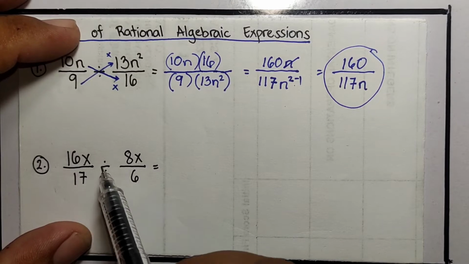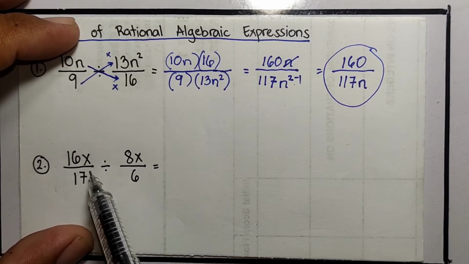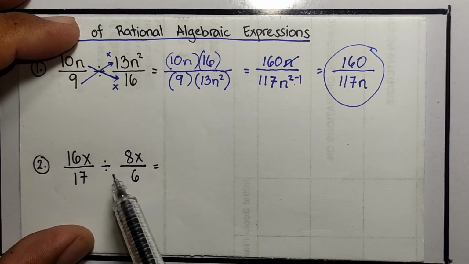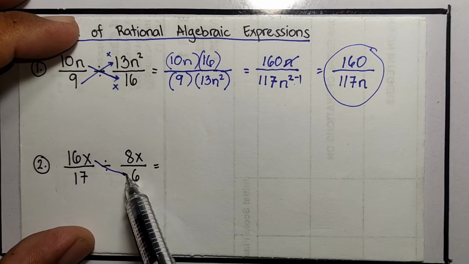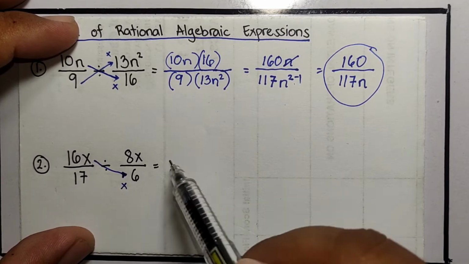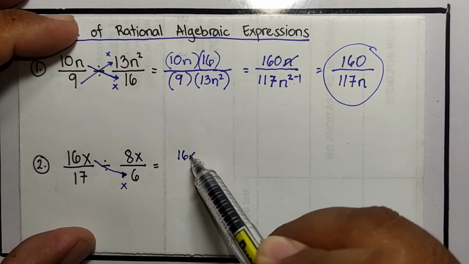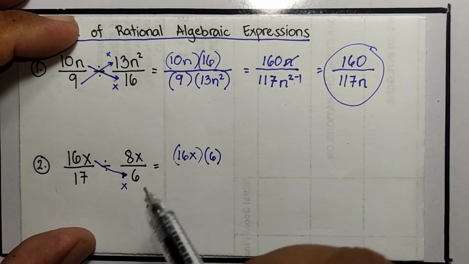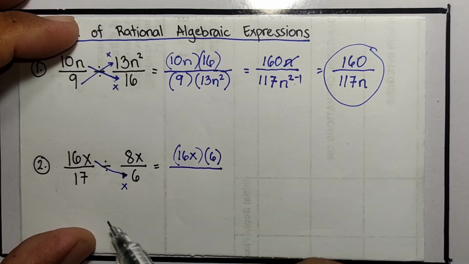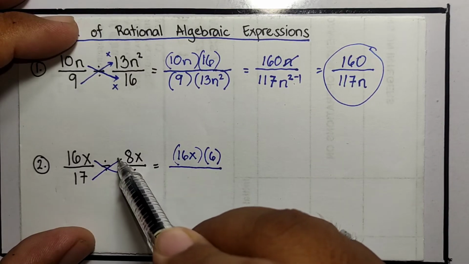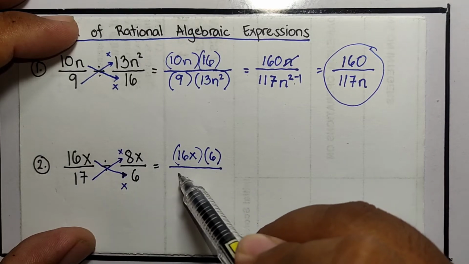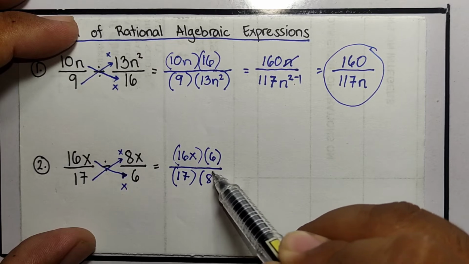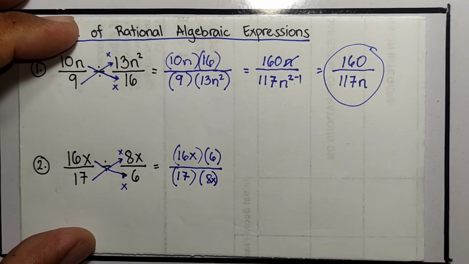Next, cross multiply in number 2: 16x over 17 divided by 8x over 6. That means 16x times 6 over 17 times 8x.